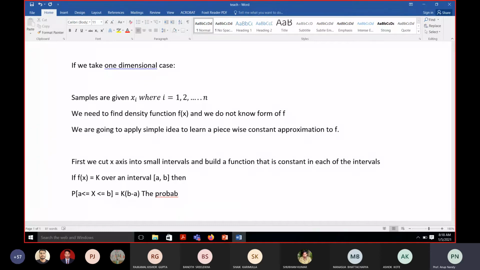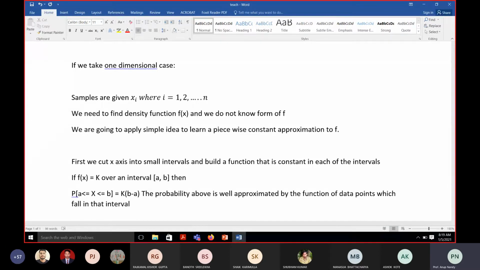So actually this is the probability above. The probability above is well approximated by the function of data points which fall in that interval.